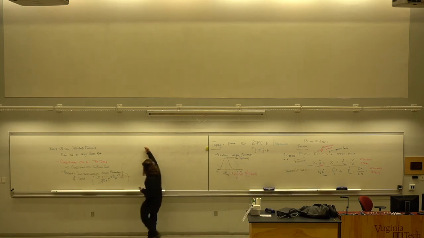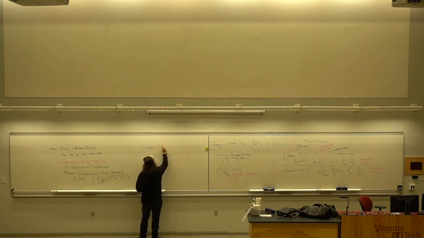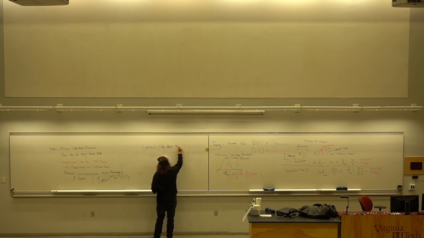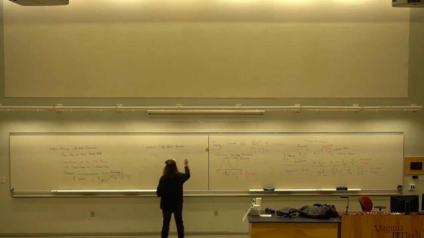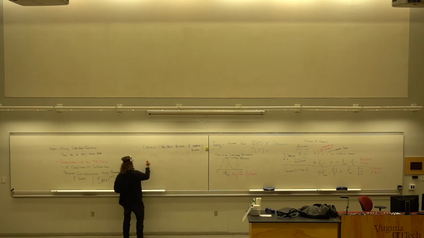So the likelihood, for our example, for both representations of this problem, is going to look like this. i goes from 1 to n.